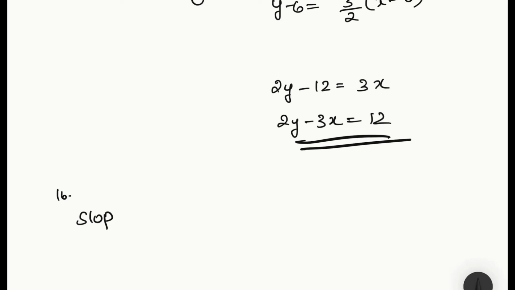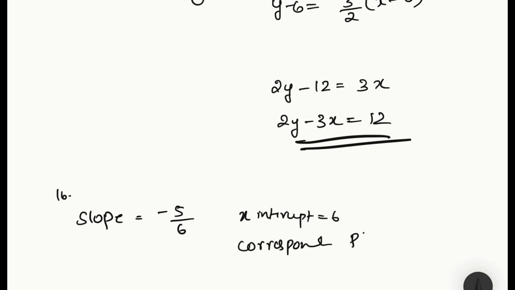Slope is equal to minus 5 by 6 and x-intercept is equal to 6. So if the x-intercept is 6, what can I write as the corresponding point on the x-axis? The point on the x-axis is (6, 0), right?